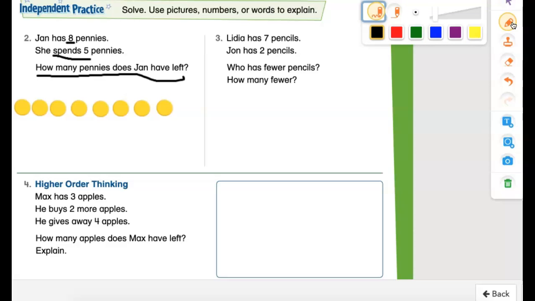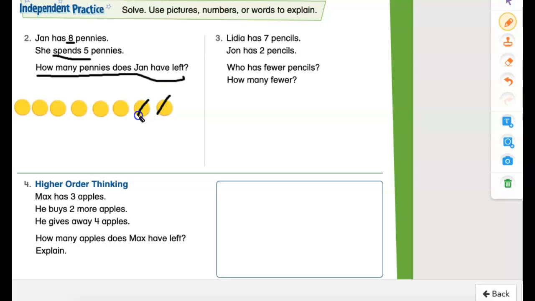So am I going to subtract or add? I am going to subtract. So if I had 8 total, but I spent 5 of them, so I spent 1, 2, 3, 4, 5. How many are left?